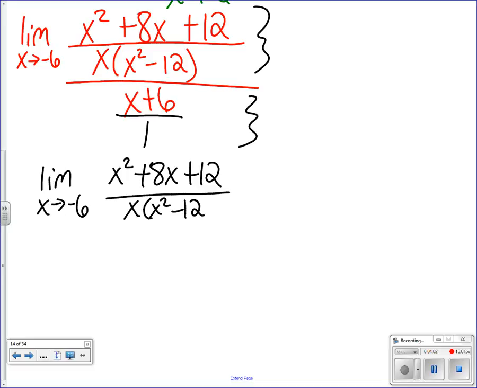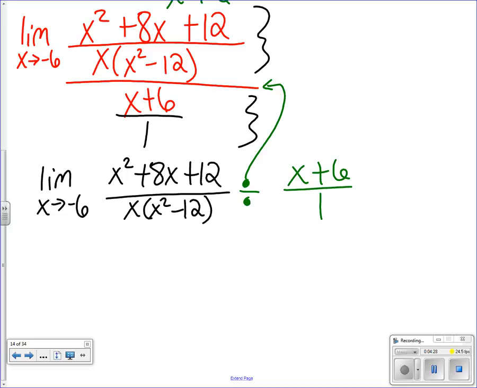And then instead of that big division bar that we see right here, I'm going to change that to a division symbol. They mean the exact same thing, just changing the way it looks is all. And then on the right of that, we still have that x plus 6 over 1. So again, that red line means exactly the same thing as this black and green line.